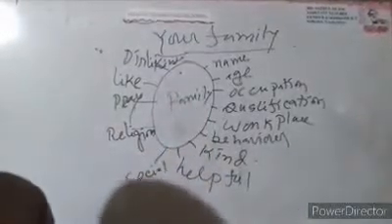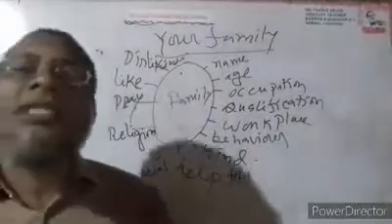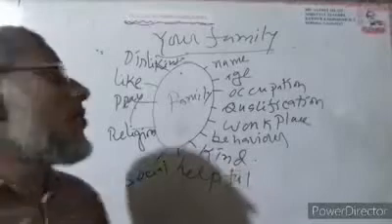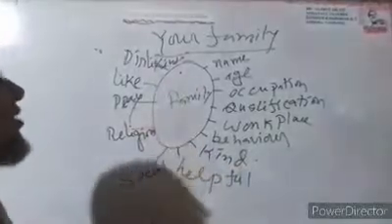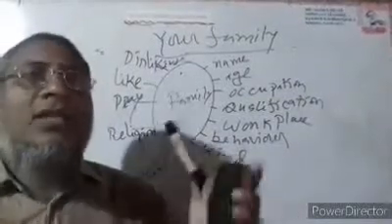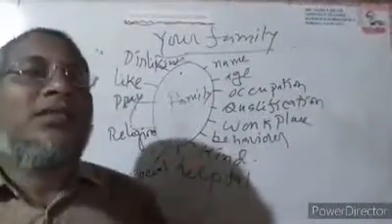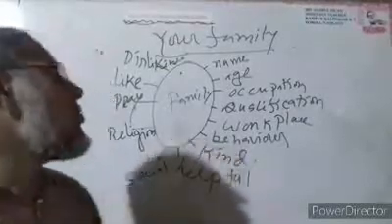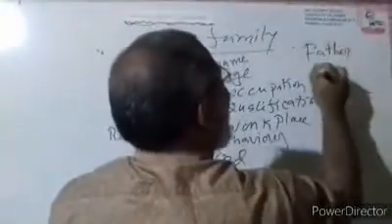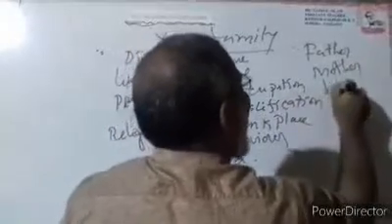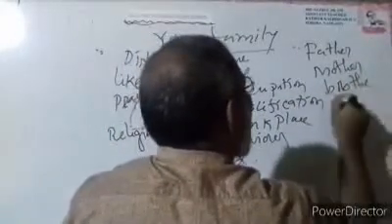Then suppose there are 6 members or 5 members in your family. So we have to write sentences related to your father, mother, brother, sister.